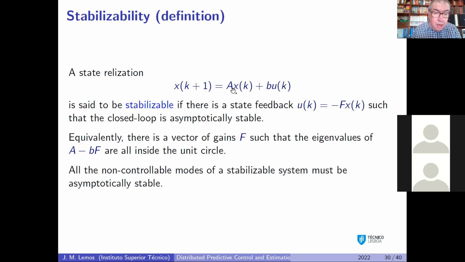There is an important connection between placing the poles where you want and controllability, which we are not going to discuss here. But if a pair A, B is controllable, then you can move your closed loop eigenvalues, that is, place your closed loop poles, where you want.